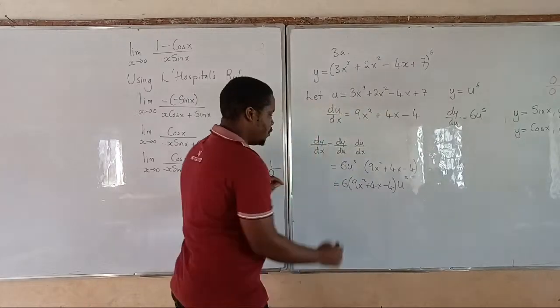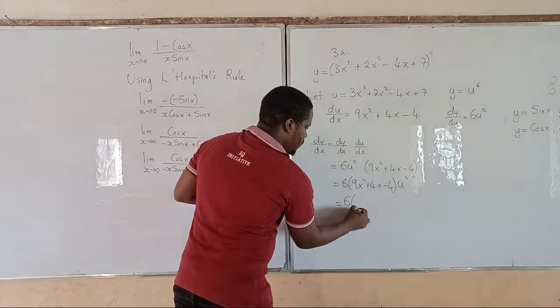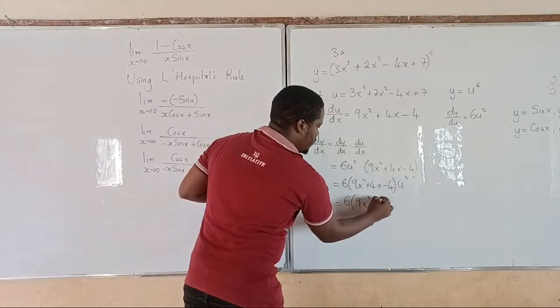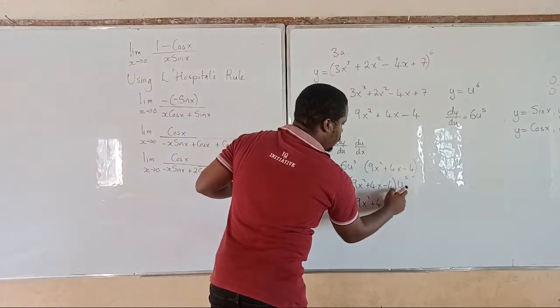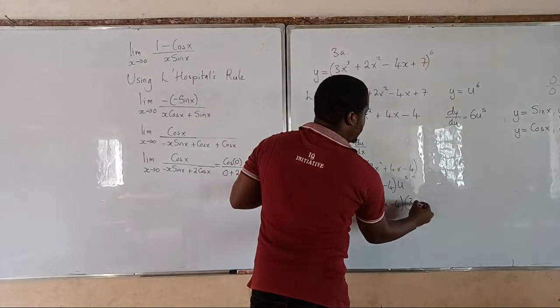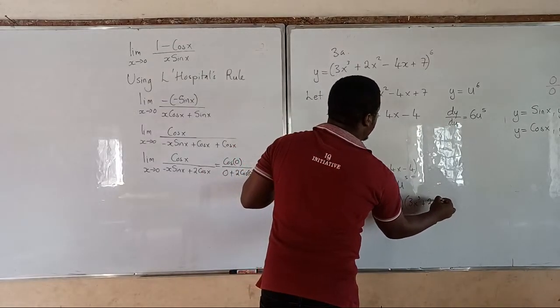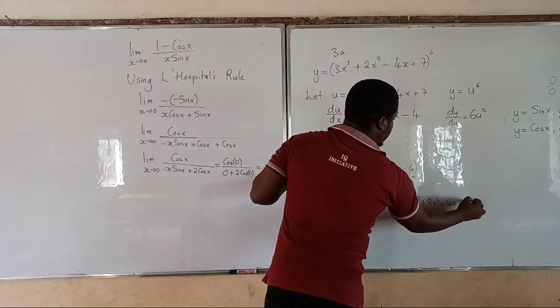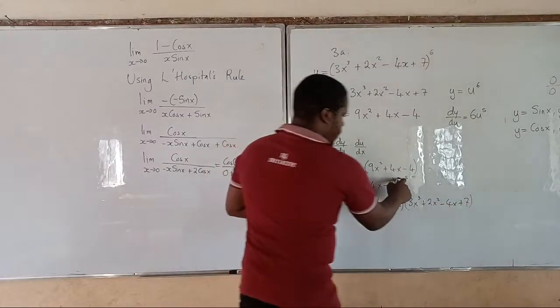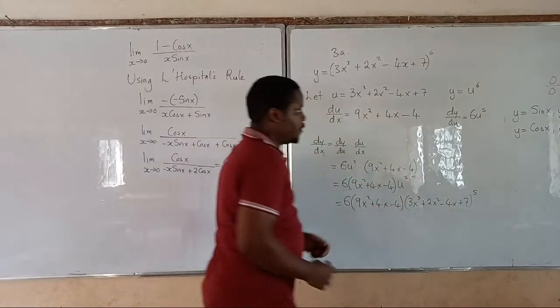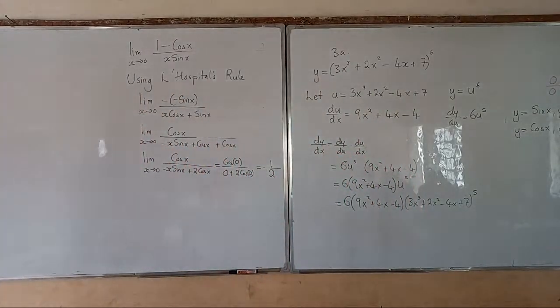So what do you get? 6(9x^2 + 4x - 4), and u is 3x^3 + 2x^2 - 4x + 7, raised to the power 5. So that's your answer. Any questions on that one?